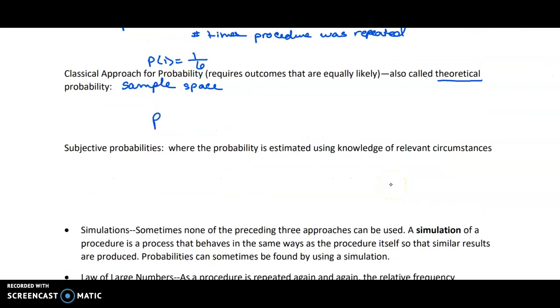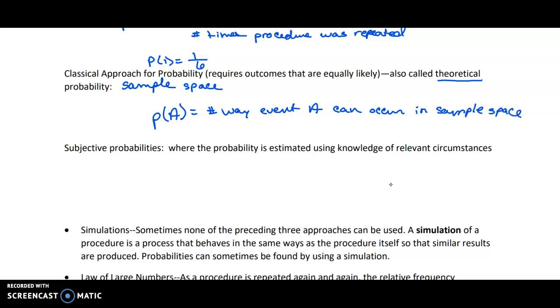So your classical approach for finding the probability of event A is the number of ways that it can occur, remember, we're thinking about that sample space here, out of the number of different simple events, which is how many items are in your sample space.